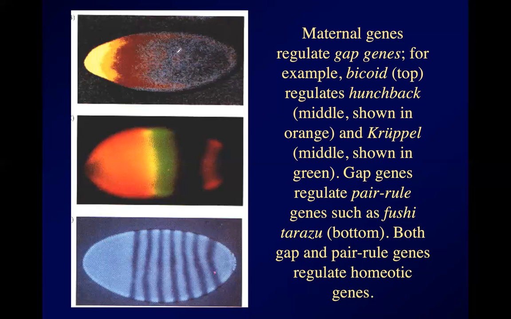So that's what I mean by a hierarchy. Maternal genes switch on or switch off the gap genes that govern the identity of large parts of the embryo. Gap genes regulate the pair rule genes that lay down the segments, and gap and pair rule genes regulate the homeotic genes that specify the identity of the segments.